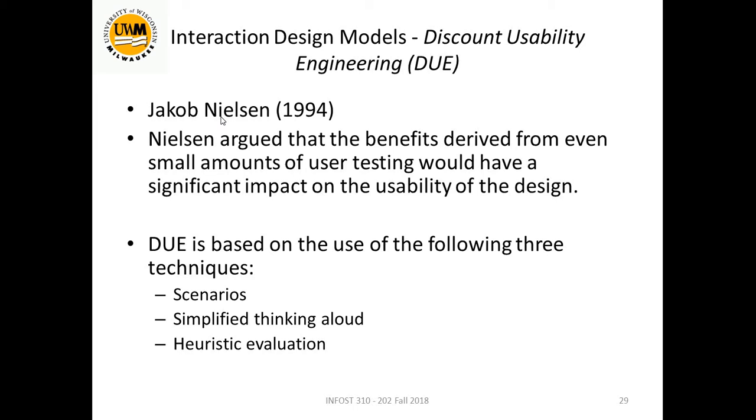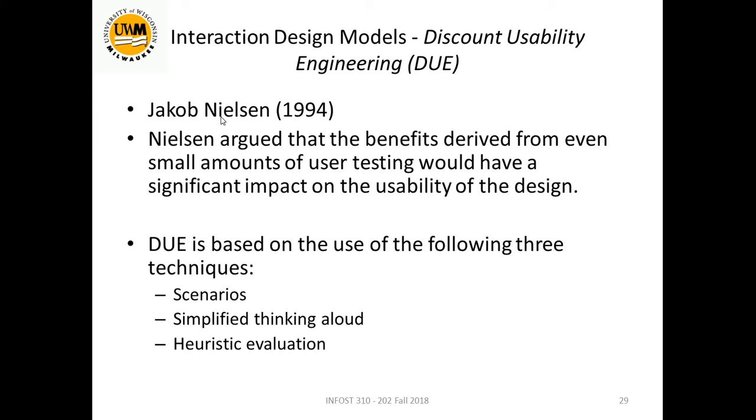We also have what we call the discount usability engineering. In discount usability engineering, we come up with scenarios, we simplify thinking, we put post-it notes, and we perform heuristic evaluations.